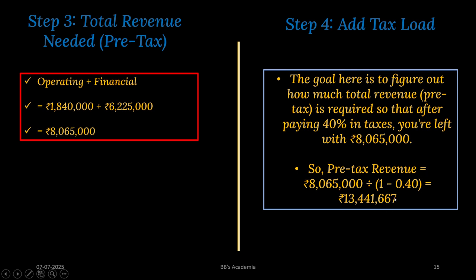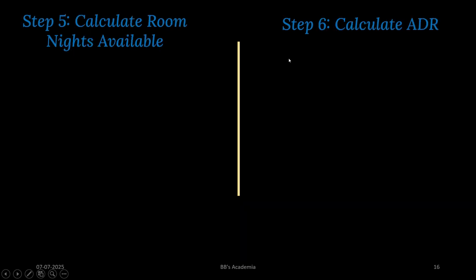We have to earn this, and from there if you provide 40% tax, whatever remains in your hand is the amount available to meet all the other expenses, operating costs and the financial load. Clear? Now calculate the room nights available.